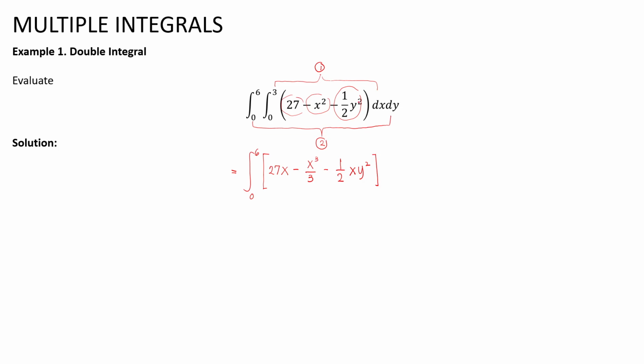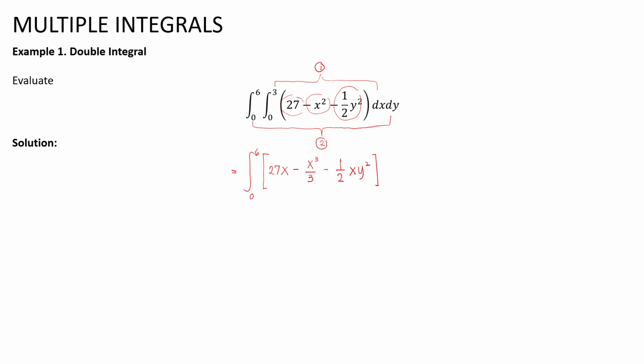Notice that we ignored y because we are integrating with respect to x. At this point it is valid, because we are partially integrating, so we can have other variables present in the equation.